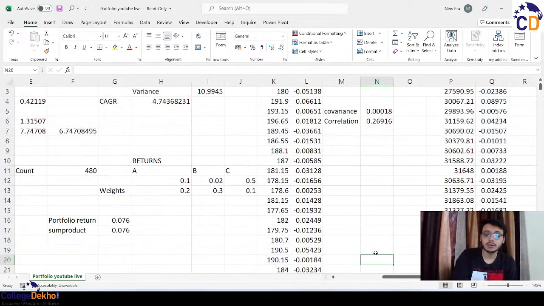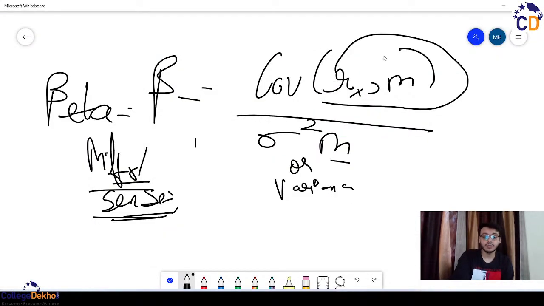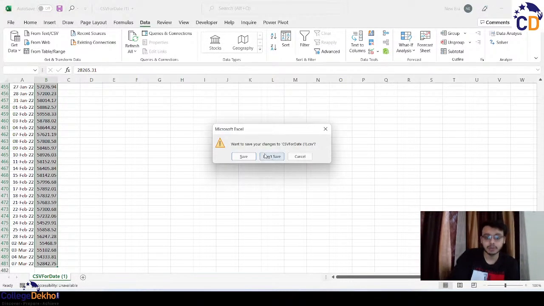It says to calculate the covariance, beta. So the formula for beta we learned, the covariance of your security and the market divided by the variance of the market. So एक ही सिक्योरिटी इसमें हम ले सकते हैं. इस फाइल को हम क्लोज कर देते हैं ताकि हम कंफ्यूज ना हो.